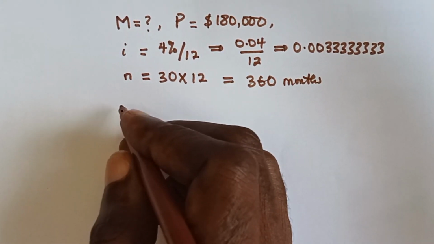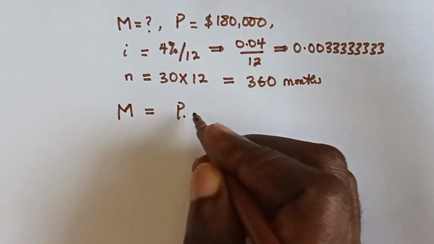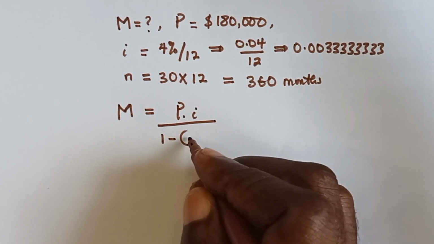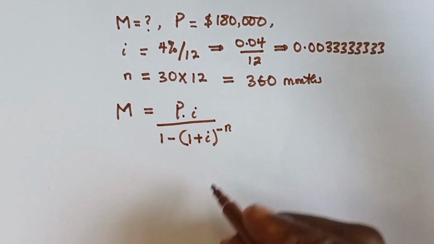I'm going to write the formula again. M equals P times I over 1 minus open bracket 1 plus I raised to power minus n.